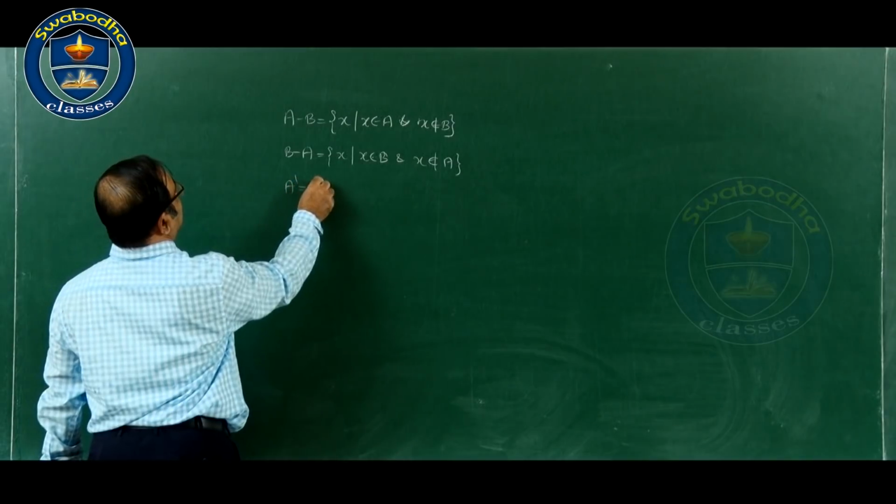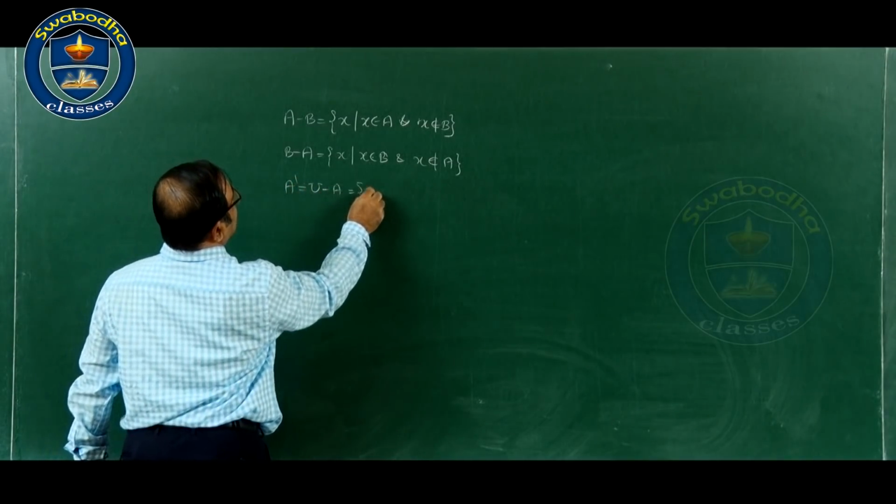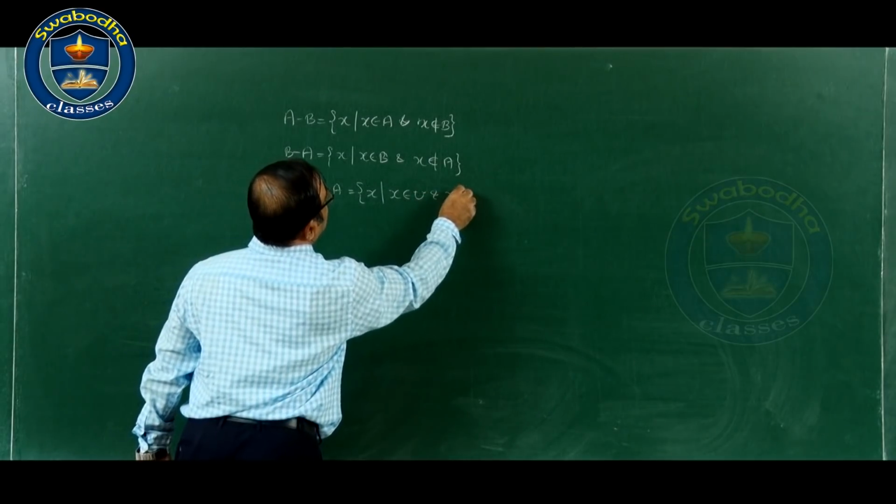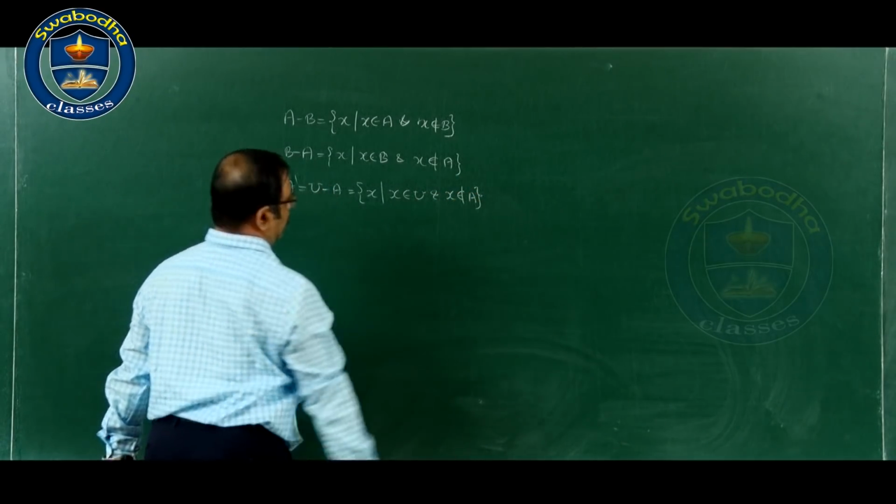A complement is U minus A, that is, the set of all x such that x belongs to U and x does not belong to A.